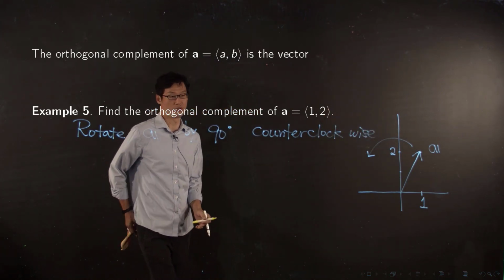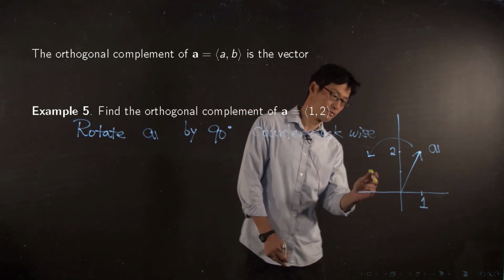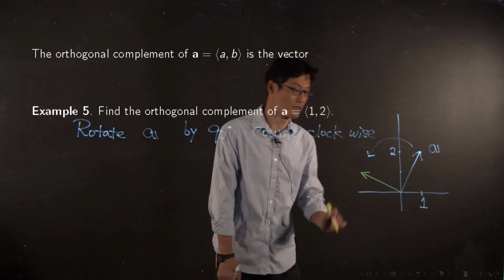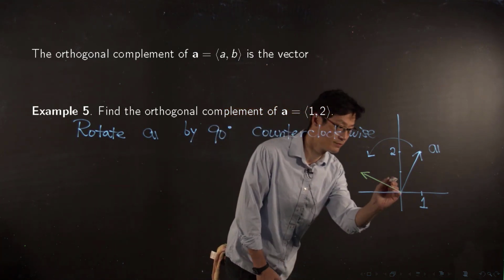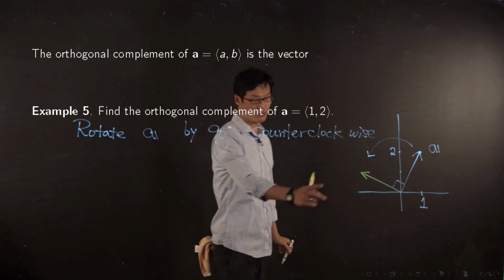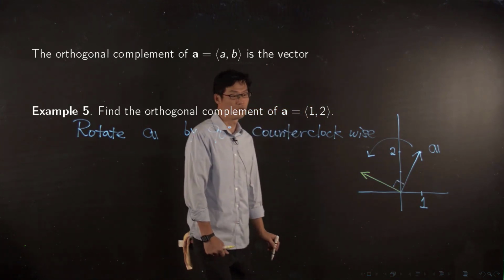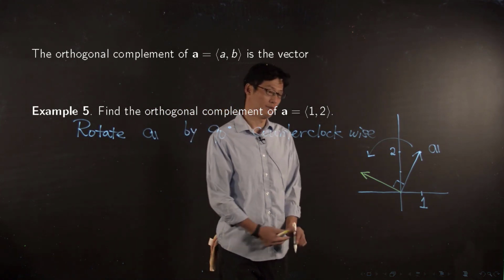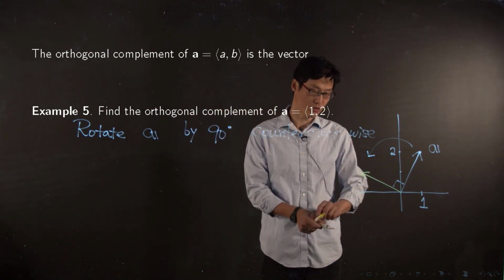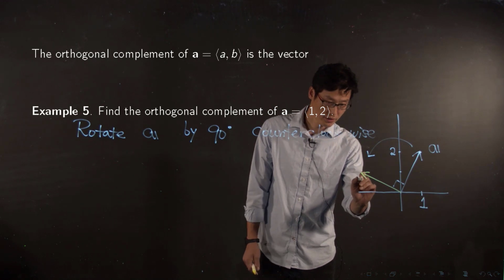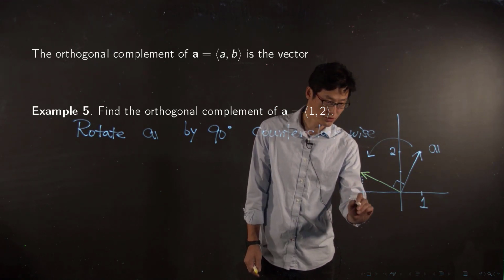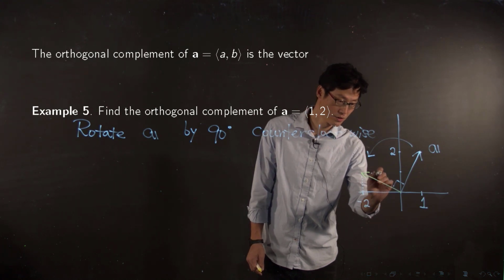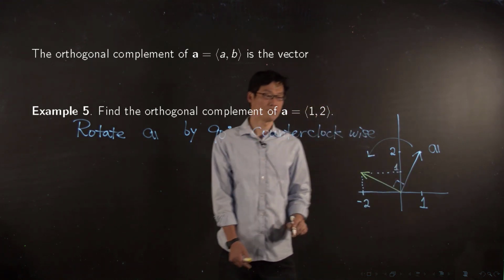Then you will get a vector like this. And once you figure out this coordinate, then you can see the relationship between the two. If you look at this vector carefully, you can tell this coordinate is -2, and this is 1. That's it.